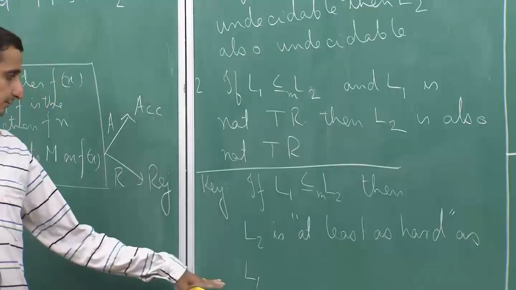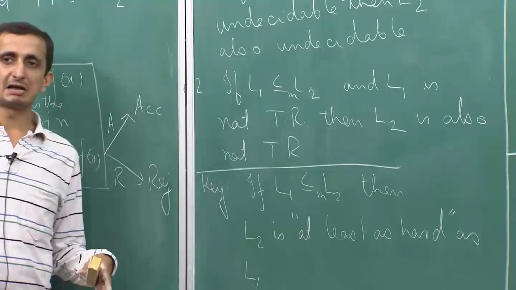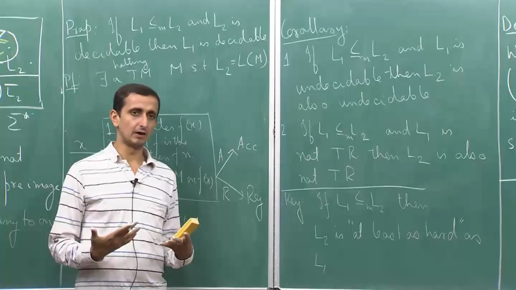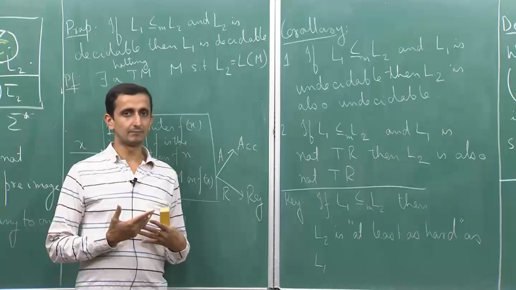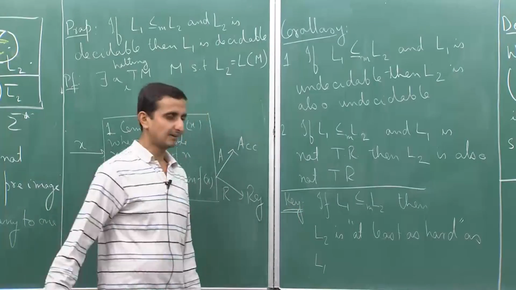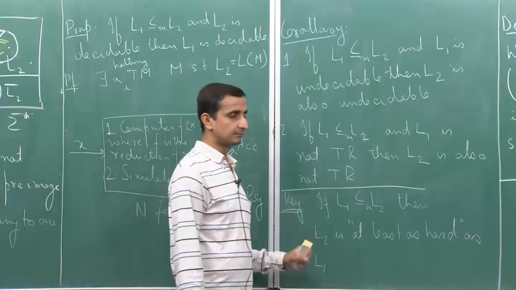The language L2 is either harder than L1 or equivalent in hardness to L1. It cannot be easier than L1. That is intuitively what reduction means, and this is what you should keep in mind.